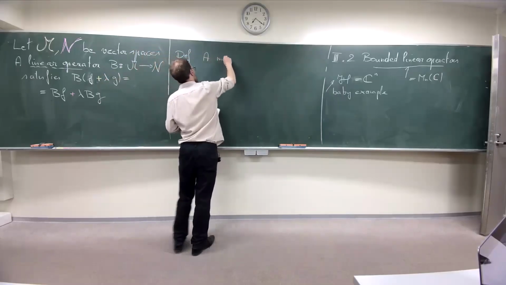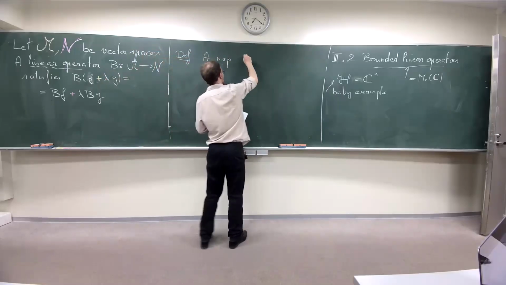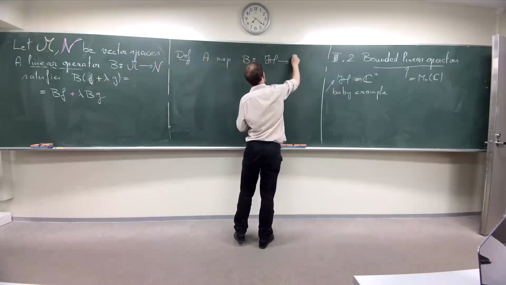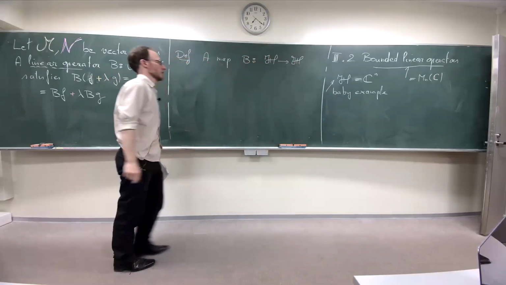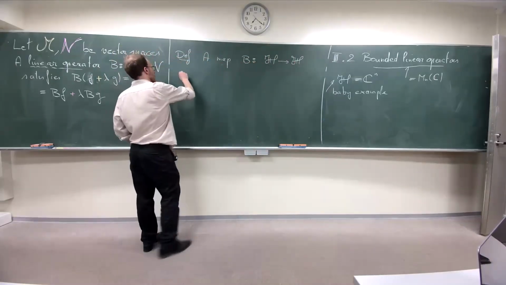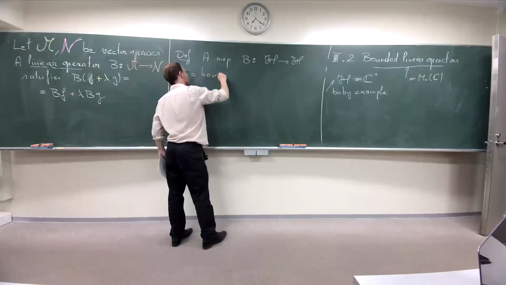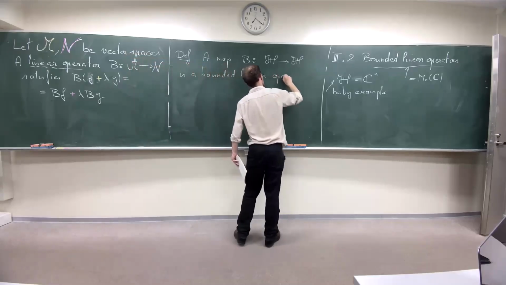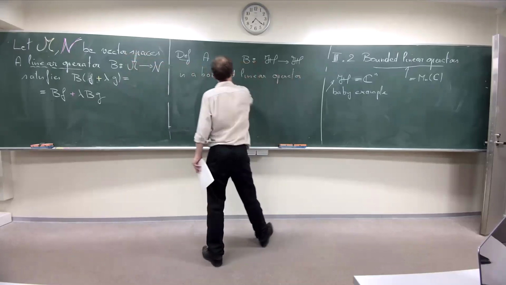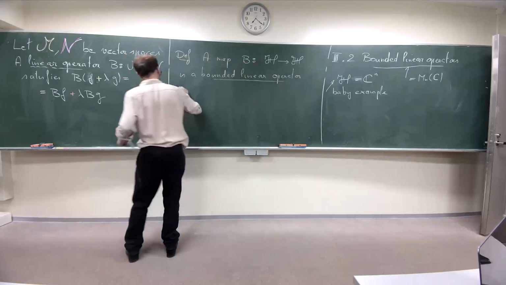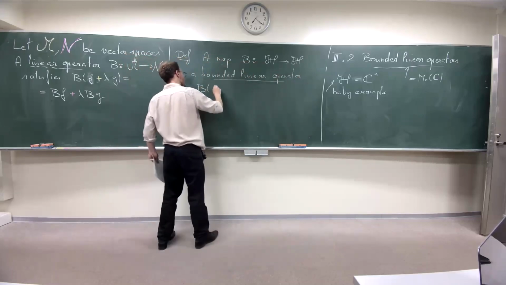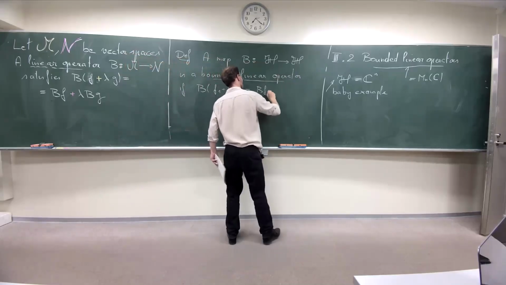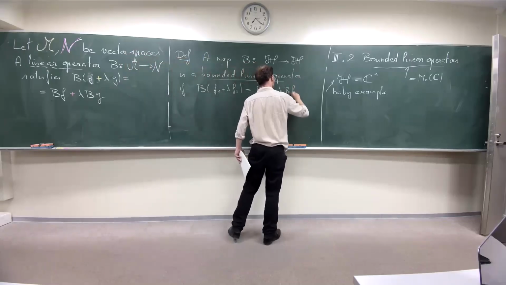A map or function, for me, maps and functions are the same, B from H to H, so from one Hilbert space to the Hilbert space itself, is a bounded linear operator if, of course, B of f1 plus lambda f2 is Bf1 plus lambda Bf2. This is just the linearity.